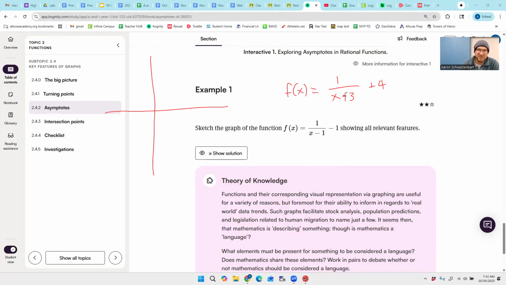So my vertical asymptote, I'm looking at x plus 3 equals 0. That's negative 3. My horizontal asymptote is at 4.